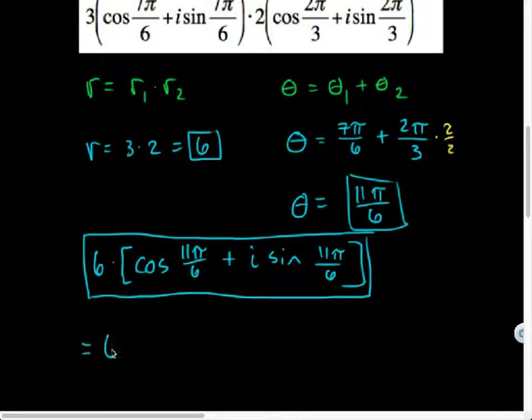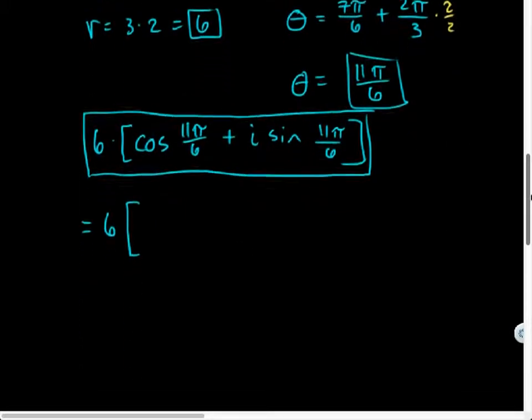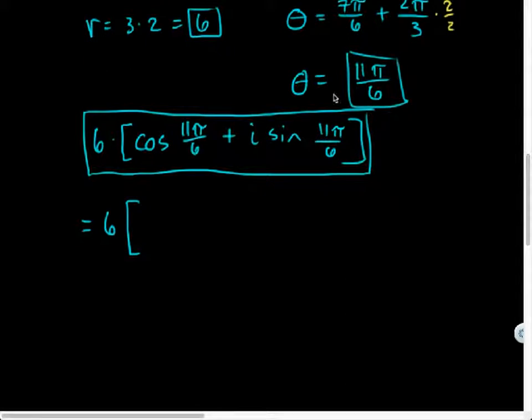So this is equal to 6 times cosine of 11 pi over 6. That's going to be the positive cosine. 11 pi over 6 is almost 2 pi. It's negative pi over 6 is another way I could view it. It's in the fourth quadrant, so it's positive cosine of pi over 6 plus i times sine of 11 pi over 6.